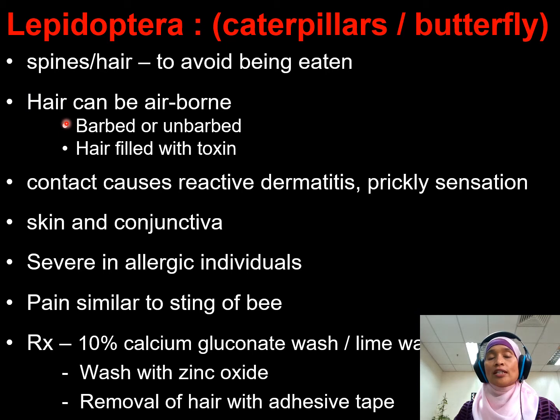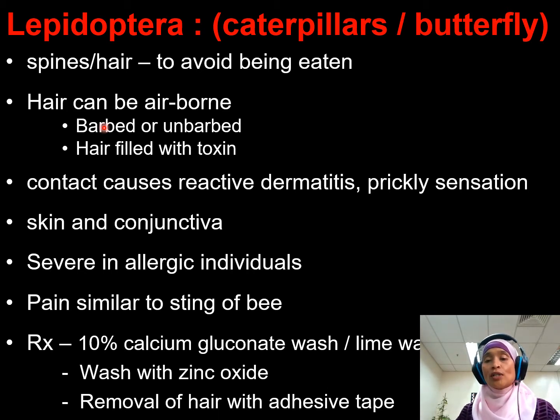The hairs on the caterpillar can remain intact on the caterpillar, or they can be airborne, which means that the caterpillars can shoot the hair onto pending predators. Some of the hairs are barbed or unbarbed. Barbed means that the ends of the hair have fish hook-like projections.